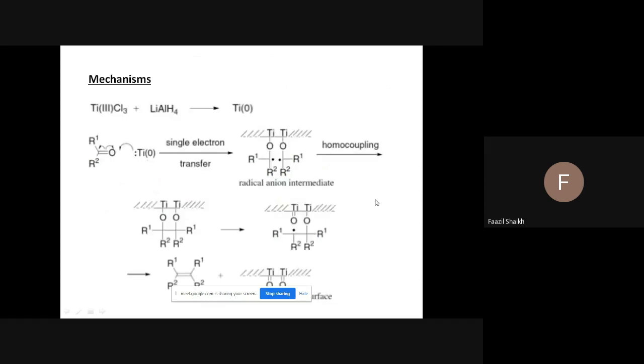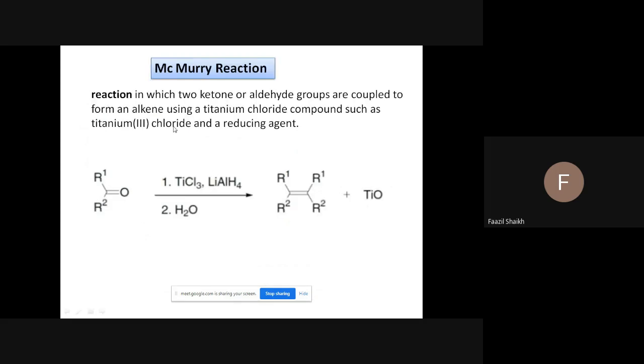So it's a very simple mechanism. What happens in the first stage? You see what we are using. We are using titanium trichloride. So don't forget this. Titanium chloride is the reagent of this reaction, along with any reducing agent. We can use lithium aluminum hydride, sodium borohydride; many reagents are there.